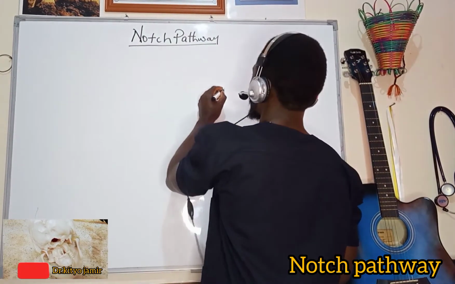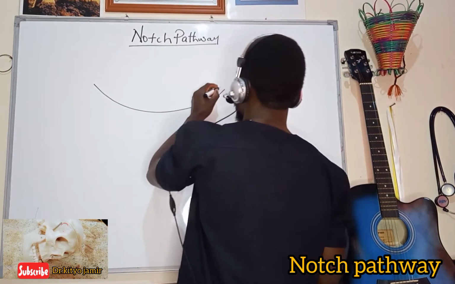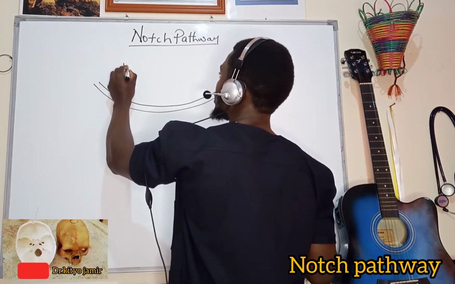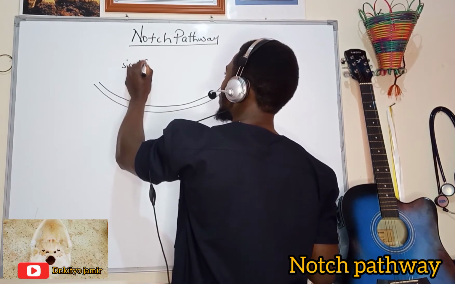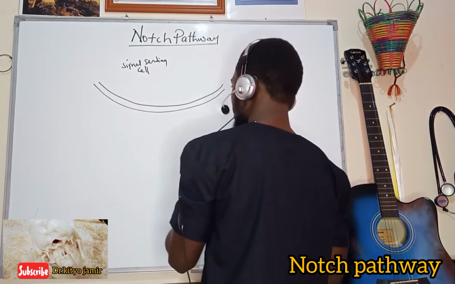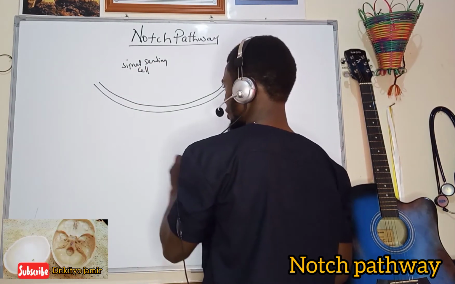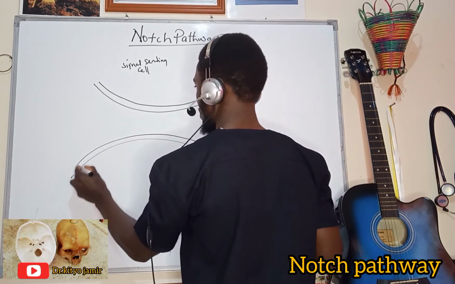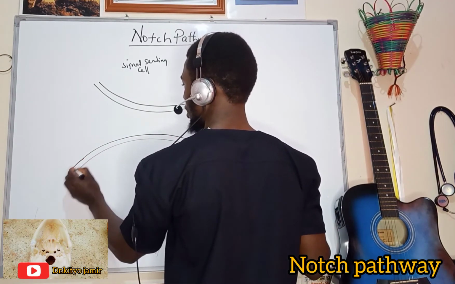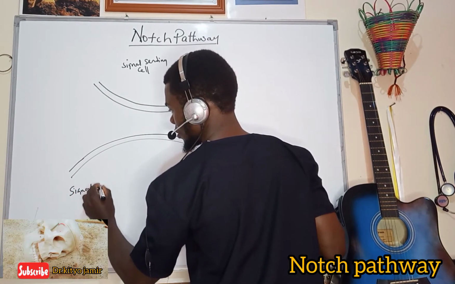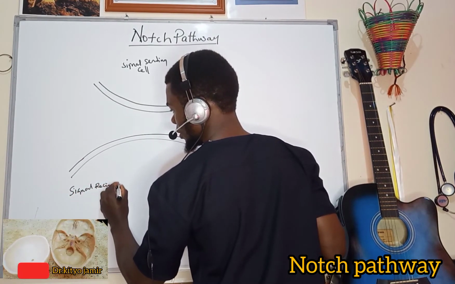Two cells. We are going to have a signal sending cell. Then down here we are going to have a signal receiving cell.